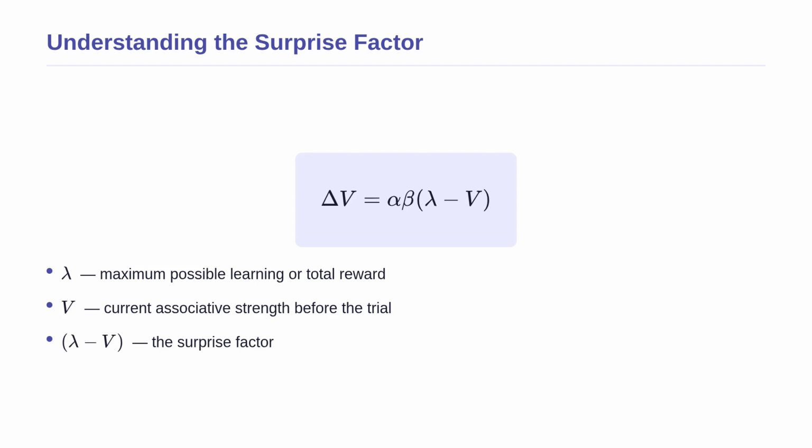The difference between them, lambda minus V, is the surprise factor. In plain English, the amount of new learning depends on how surprising the reward is. If the reward is highly surprising, the animal learns a lot. As expectations match reality, surprise decreases and learning slows down.